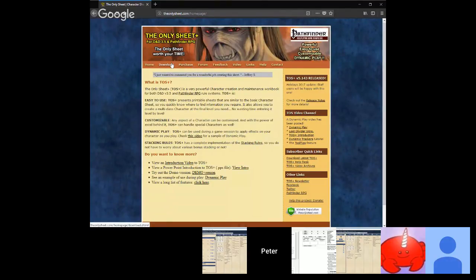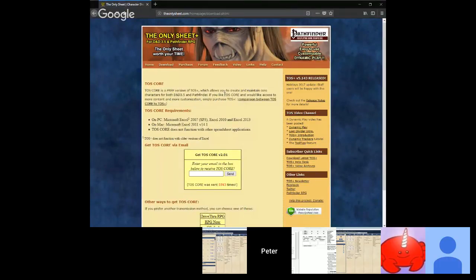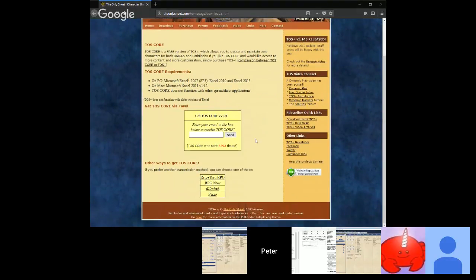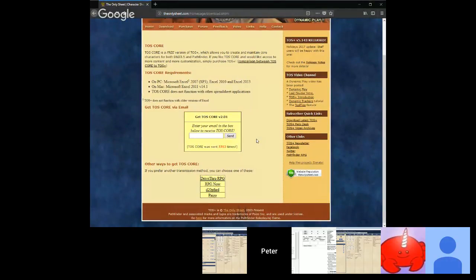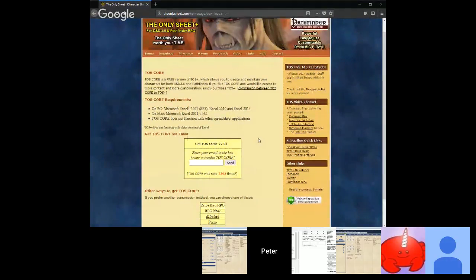It was a spreadsheet when I got it. Yeah, Microsoft Excel. Yep. DOS Core does not function with other spreadsheet applications.